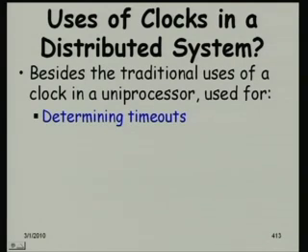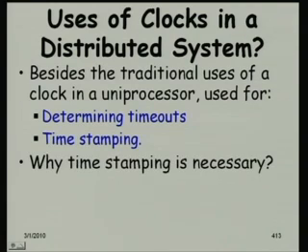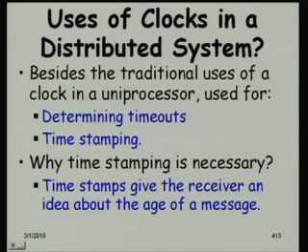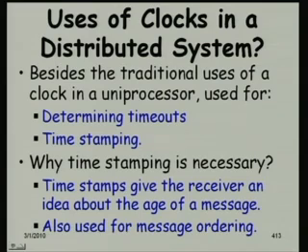But in a distributed system, we need to determine the message timeouts. You can't keep on waiting for messages and it will time out. And also timestamping, as you had said, and the timestamps give an idea about the age of the message, and you can order the messages.